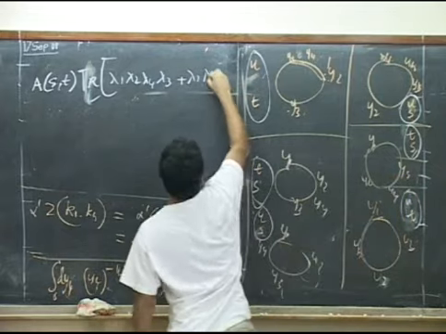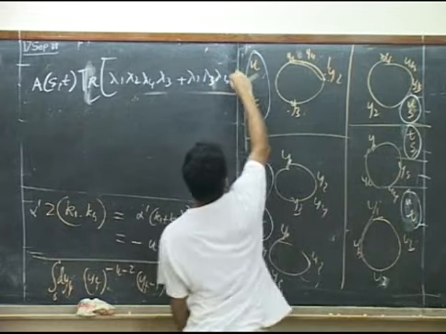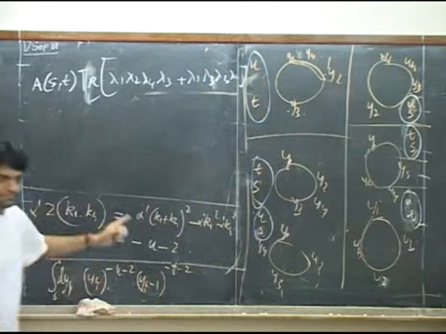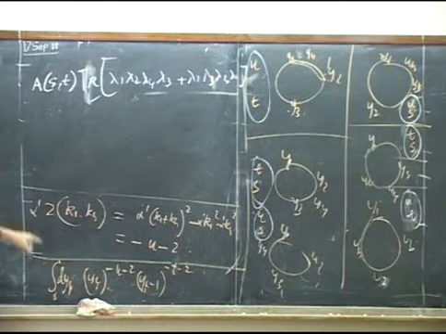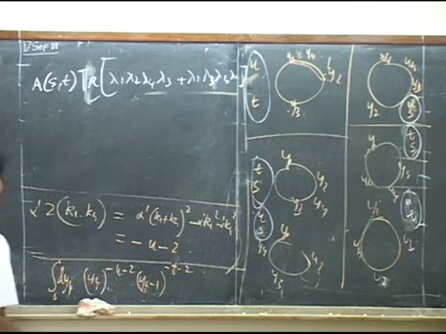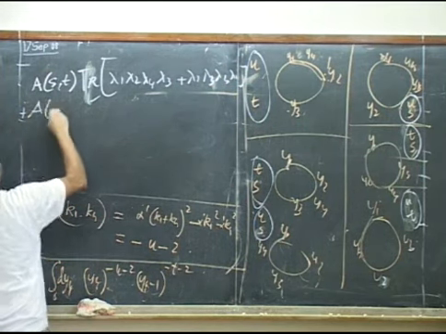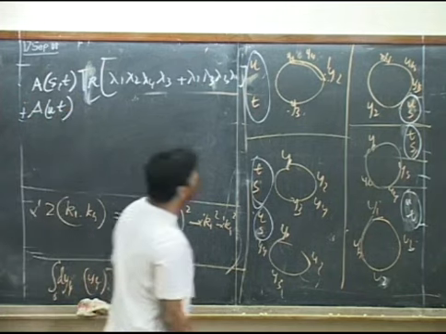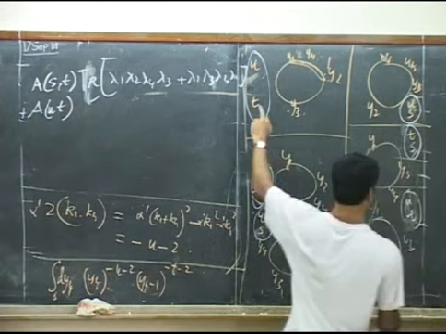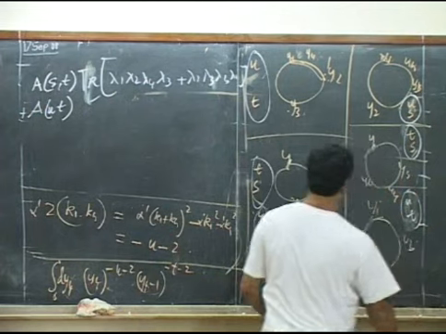Lambda 3, lambda 4, lambda 2. Just the cyclic orderings of the two diagrams that give us this. Plus A of UT, and then the cyclic orderings of the two diagrams that give us UT. So UT are these two.